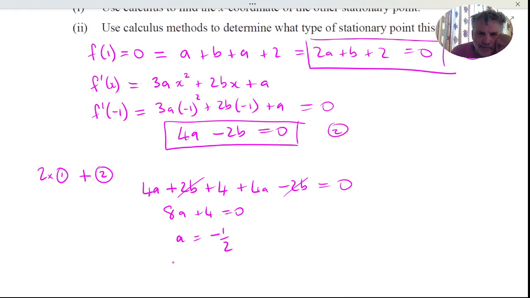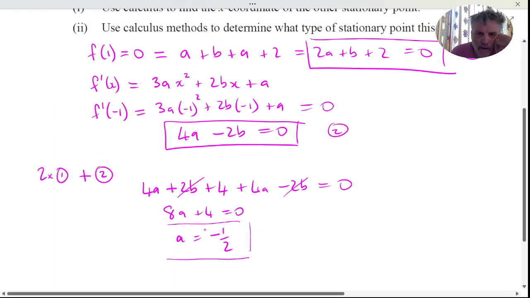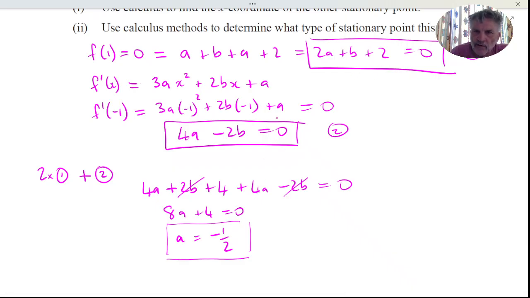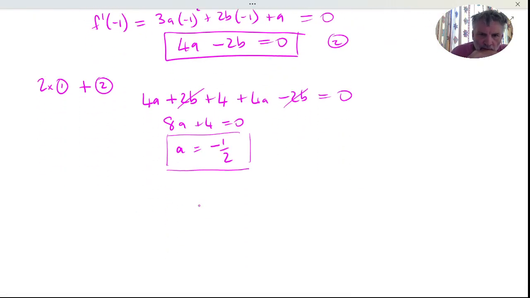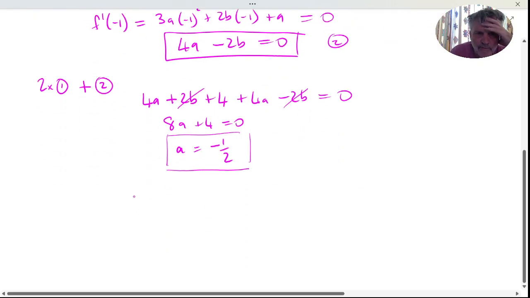And then we can substitute that into either of these equations to find out the value of b. So let's put it into equation 2. 4 times negative 1/2 minus 2b equals 0.